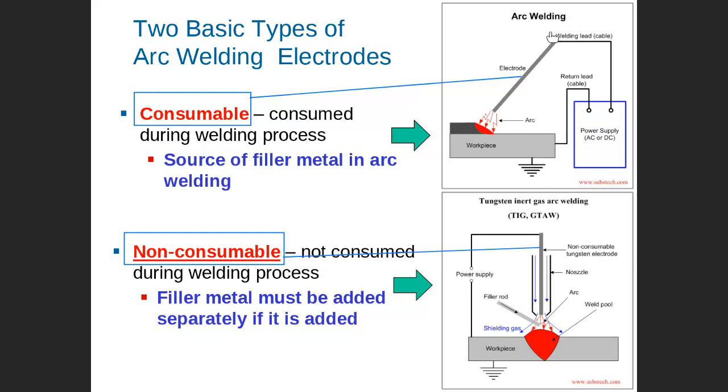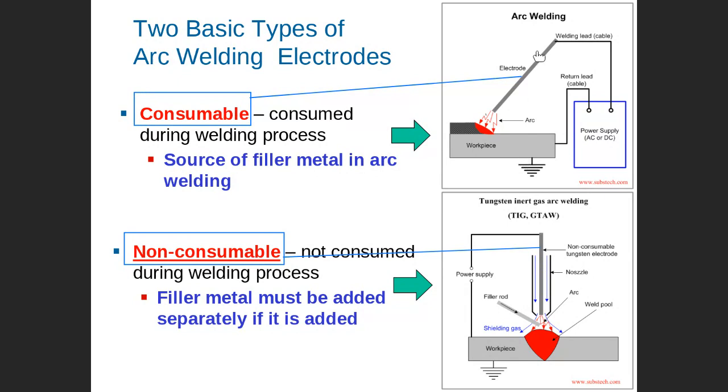Consumable electrode means, as I told you, this process, fusion welding, is generally limited only to similar materials. Remember all the time, fusion welding is generally limited to similar material. What about the electrode? What about the filler? The filler must also be a material compatible with the base material.